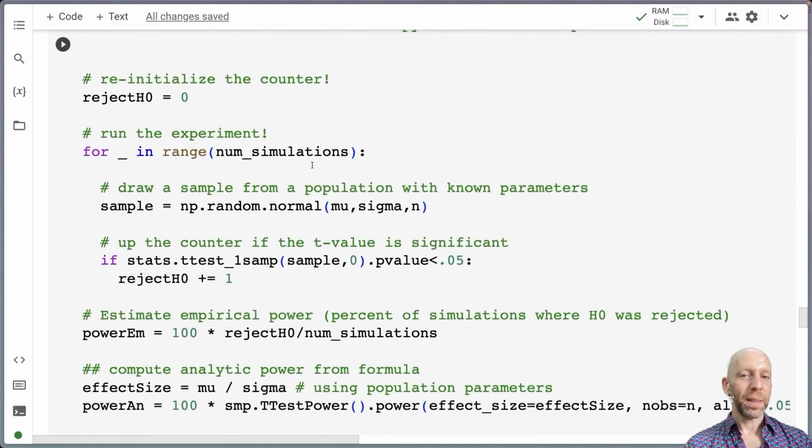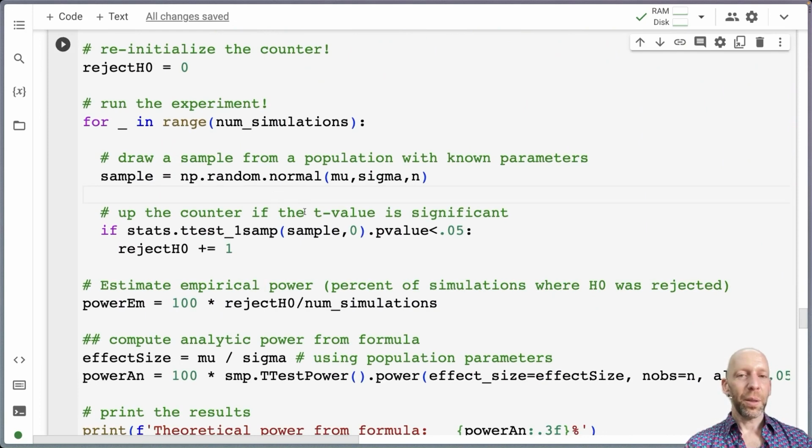All that said, in practice, you can just use this. So you can see here I'm generating a random sample, inputting that sample directly into the t-test function, and then just saying, well, if the p-value is less than 0.05, that is exactly the same thing as saying if the t-value was more extreme than the critical t-values.